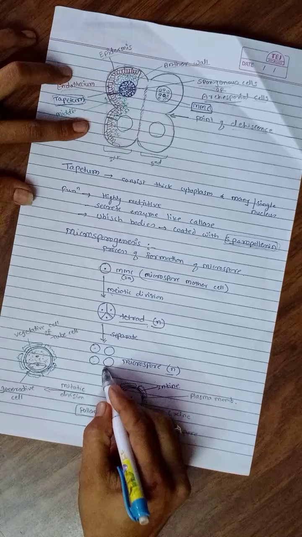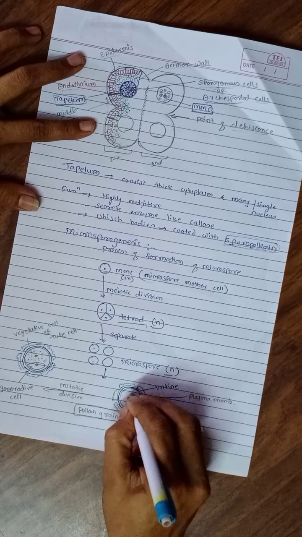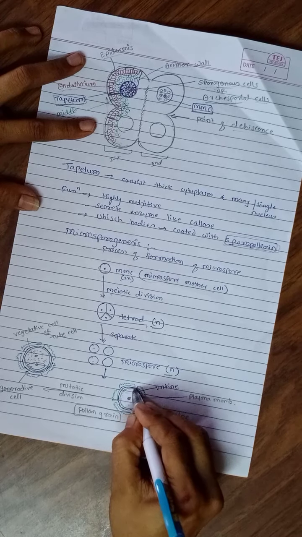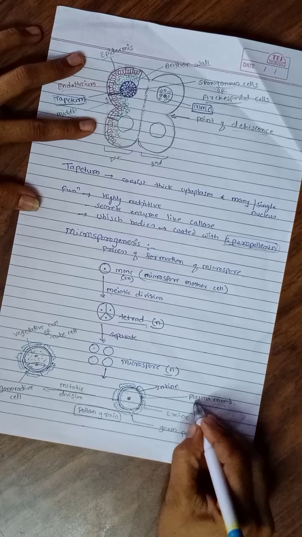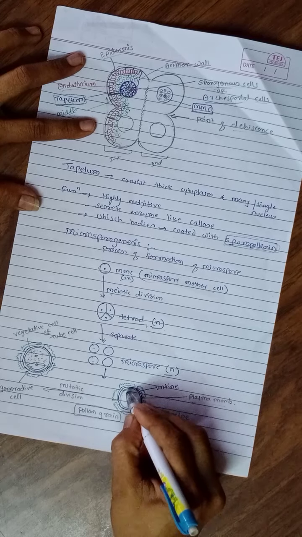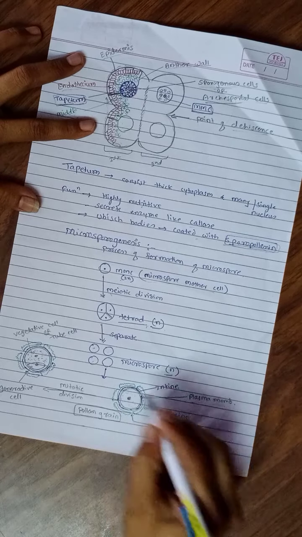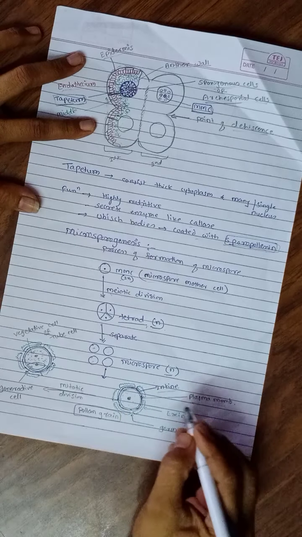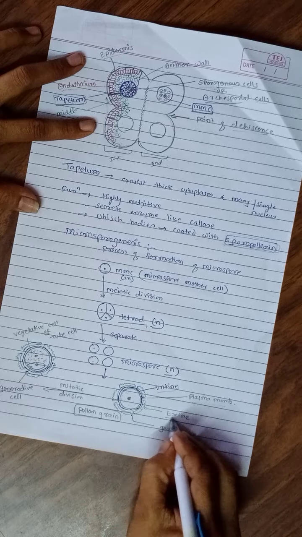The structure of a microspore looks like this. At the center the nucleus is present, then cytoplasm, and each microspore has its own plasma membrane. This inner layer is the plasma membrane, and after the plasma membrane there is a thin layer known as the intine, and the outside layer is irregular in shape and is known as the exine.